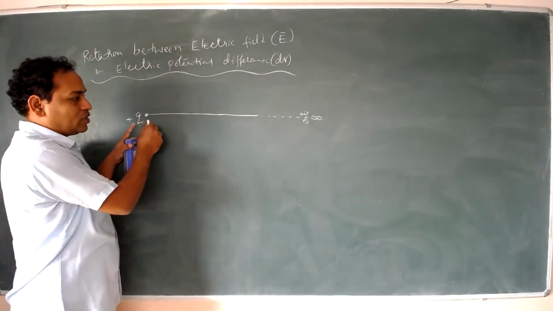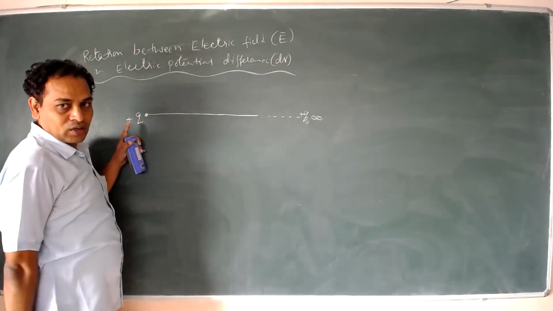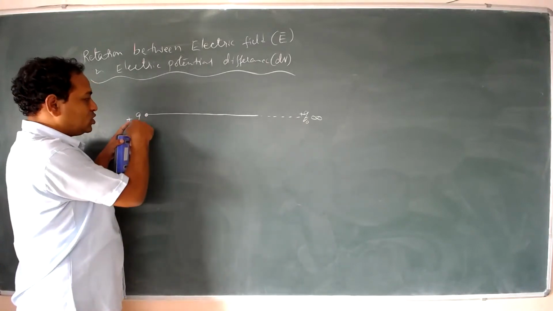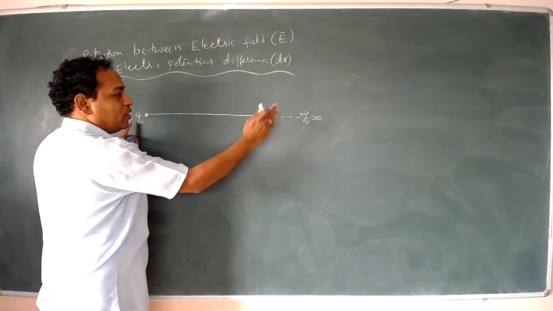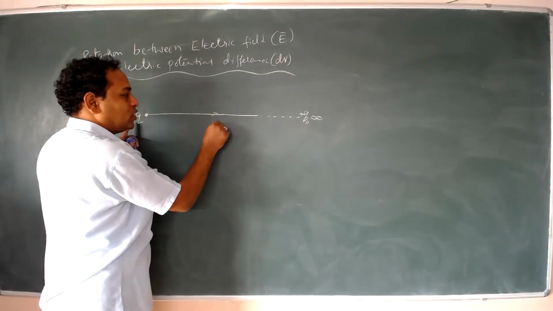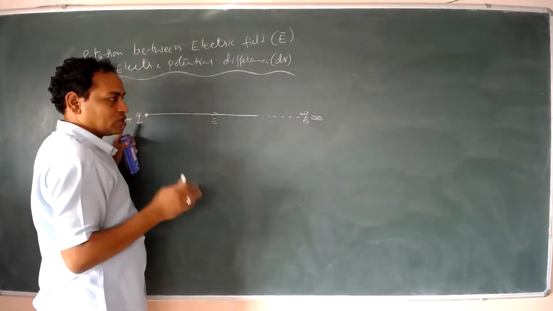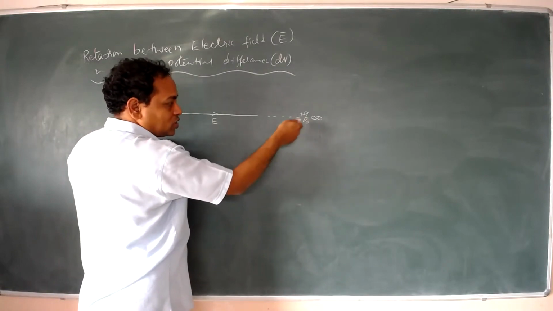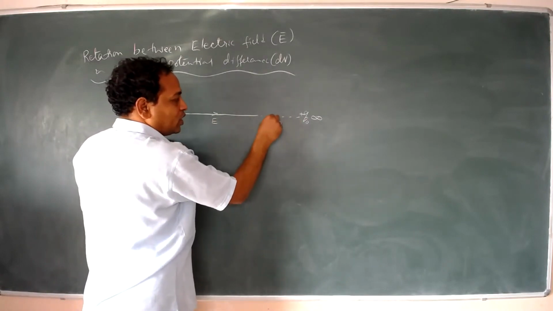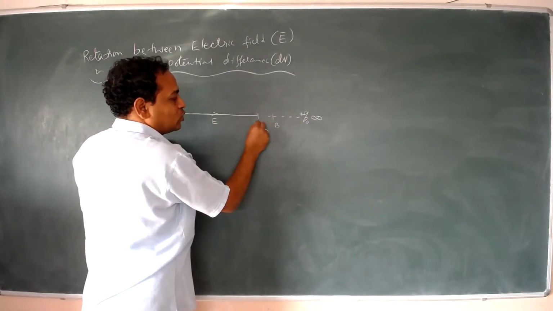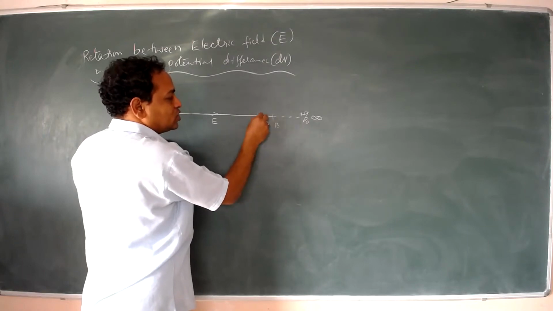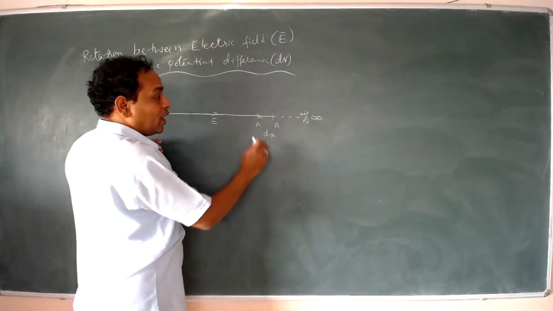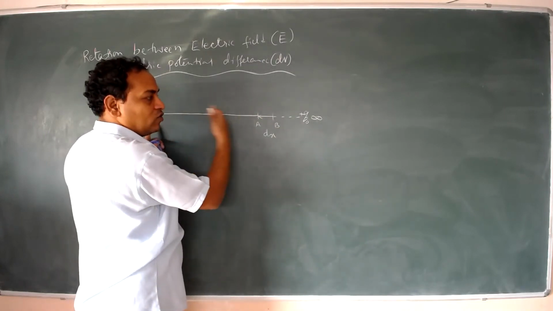Yesterday we already derived the electric potential at a point. This is a charge. Its electric field will always be in the radially outward direction. Suppose the charge is brought from a point B to A in this direction, say this distance is dx, against the electric field.